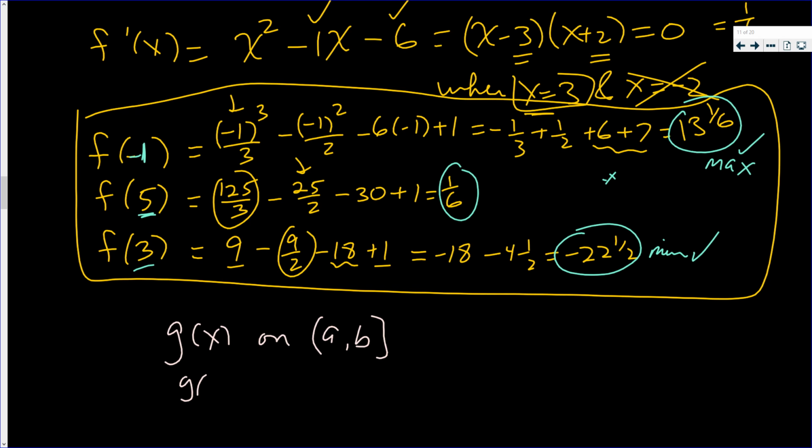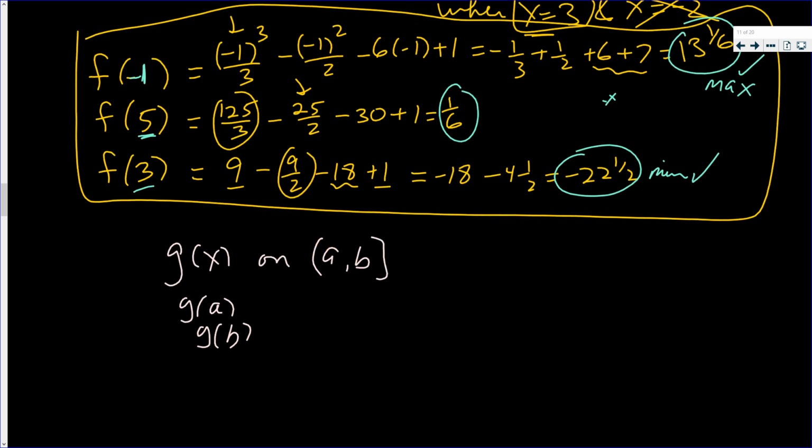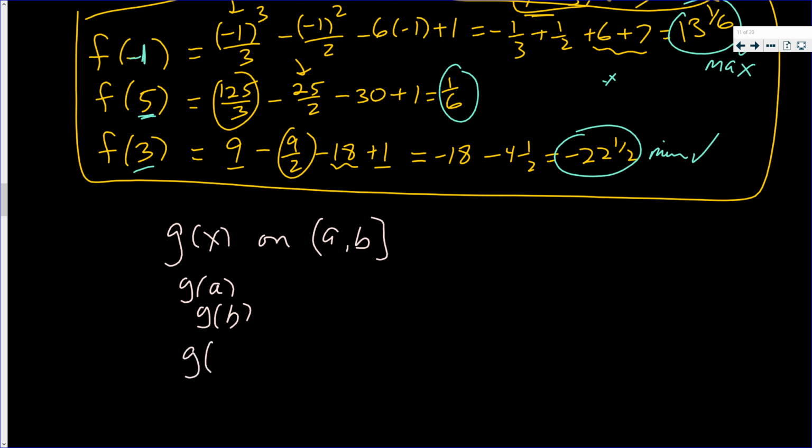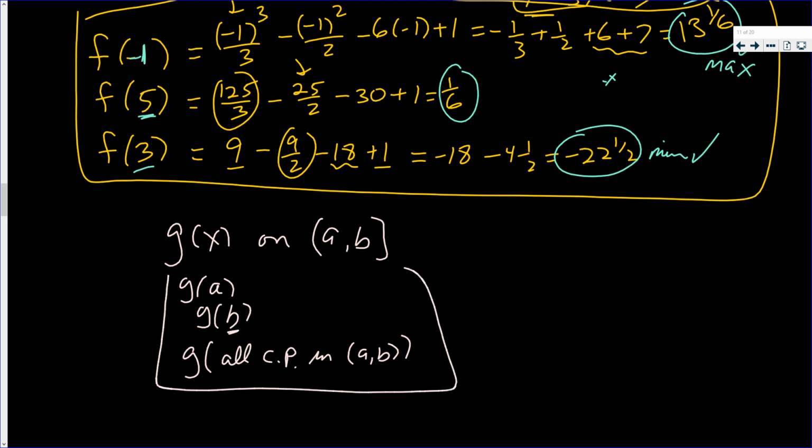You need to check g of A, you need to check g of B, and you need to check g of all critical points in AB. Why don't I include B? Because we're going to check g of B anyways. Okay? Now, one of these, maybe two of them, they can be equal, but we'll say one. One of them is going to be the largest, one of them is going to be the smallest.